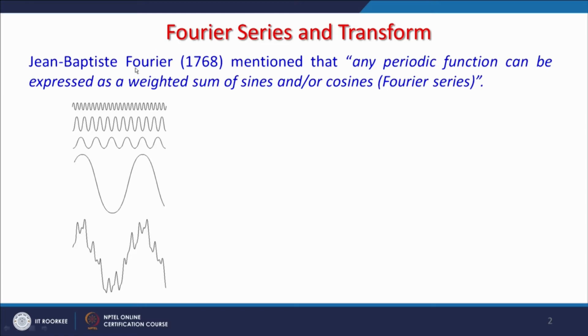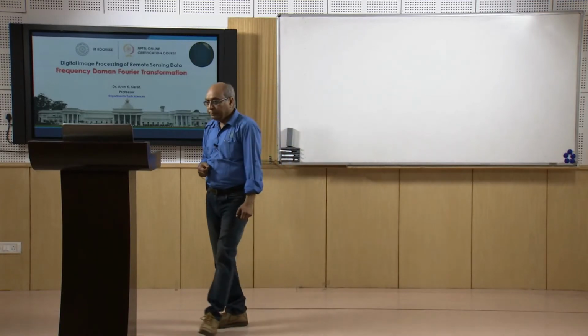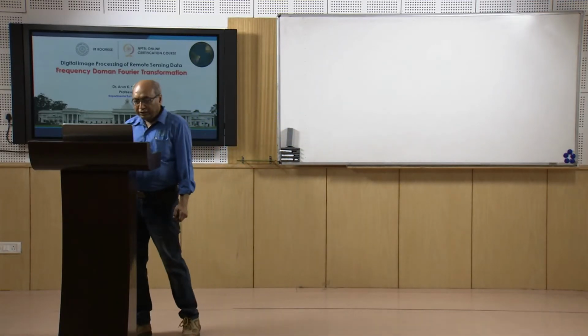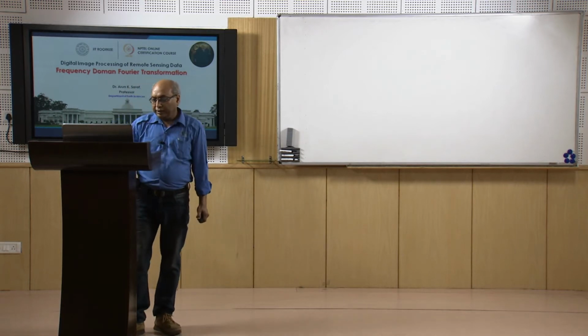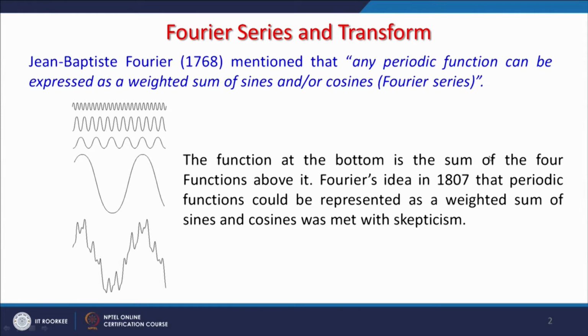He mentioned that any periodic function can be expressed as a weighted sum of sines and or cosines, and that we call the Fourier series. The function at the bottom is the sum of the four functions above, of different wavelengths.